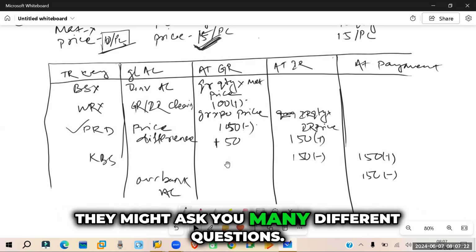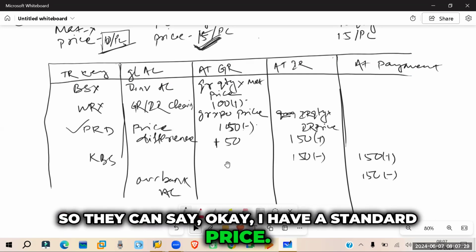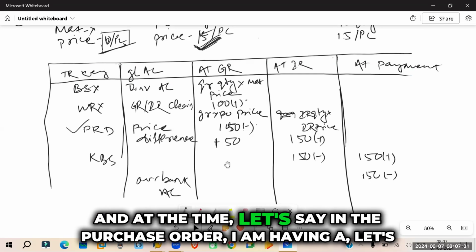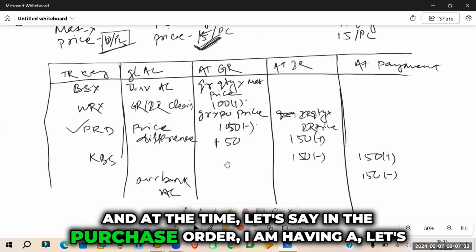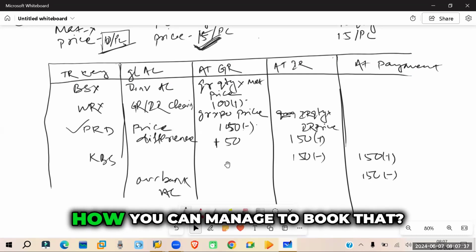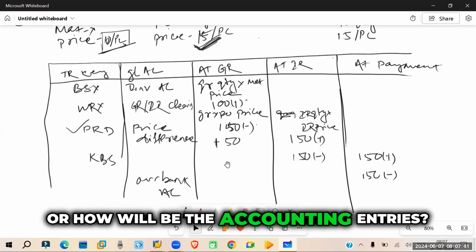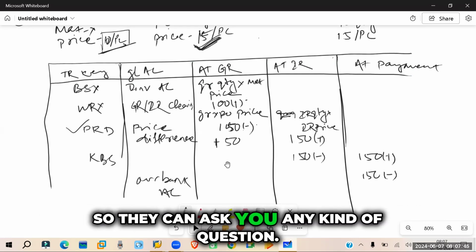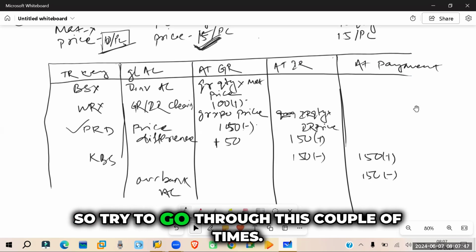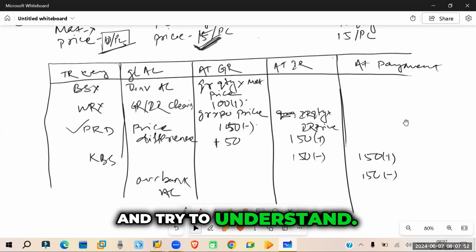They might say, I have a standard price and in the purchase order I have a higher or lower price, how can you manage to book that, or how will the accounting entries be? They can ask you any kind of question. So try to go through this a couple of times and understand.